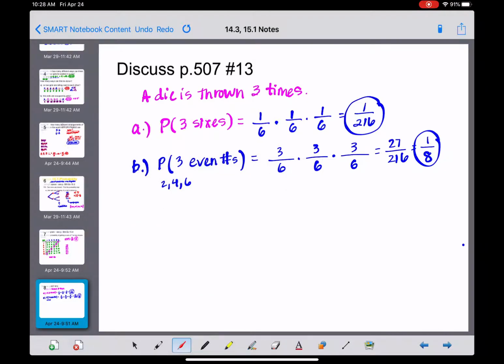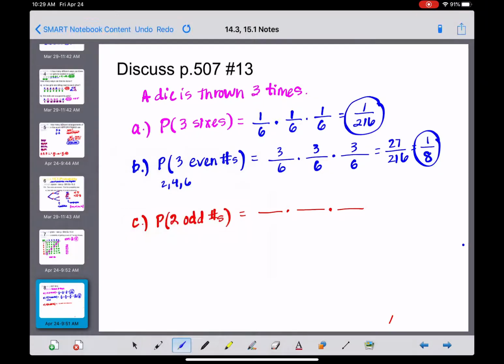And then the last part here says, what's the probability of getting 2 odd numbers? Okay, so 2 odd numbers. Now remember, we're throwing a die 3 times. But it's saying 2 odd numbers, so that means we're only getting 2 odd numbers. So let's think about how we can get that.